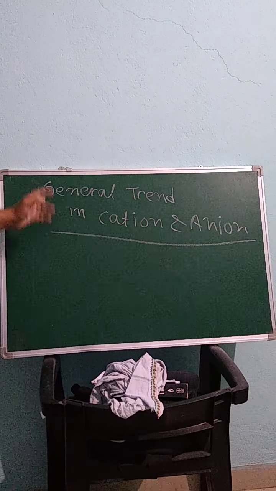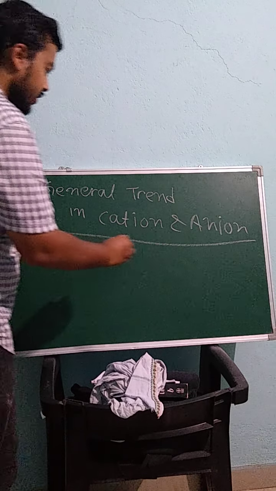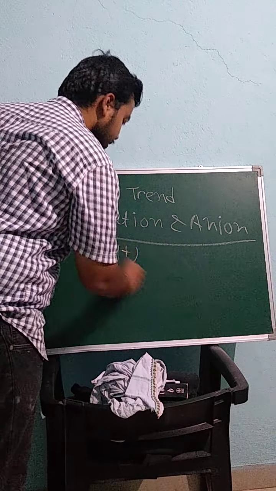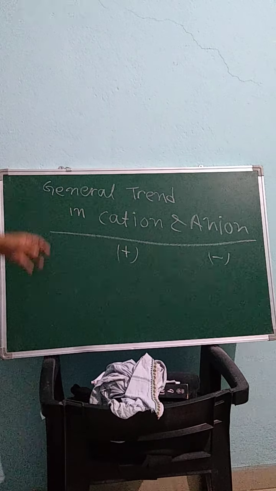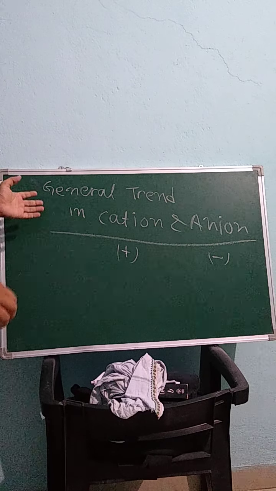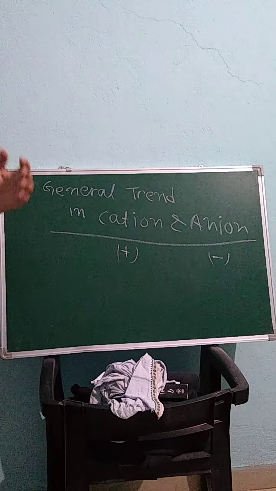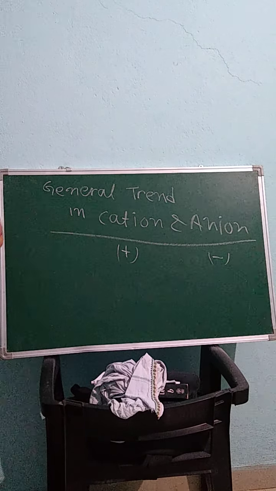So now we will see some general trend in case of cation and anion. Cation is positive charge and anion is negative charge. So what do you mean by general trend? Means it is observed generally. It is not always 100%, but for most of the time it is true.